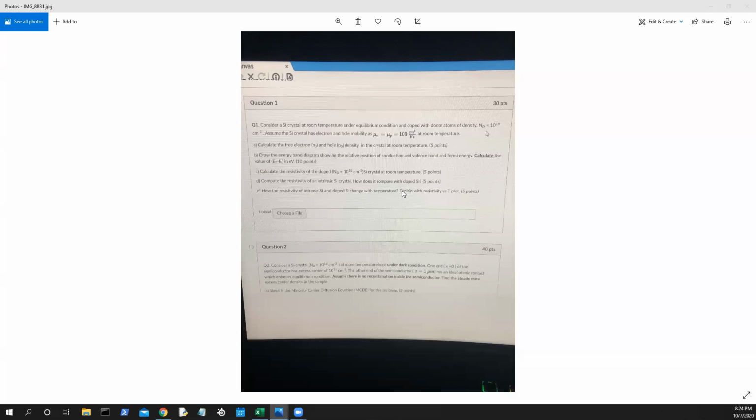You do 1.6 times 10 to the negative 19th times 10 to the 10th, and you get 1.6 times 10 to the negative 7th or something. You take 1 divided by that, and yeah, it's the exact number I just said. So it is 6.25 mega ohm centimeters.